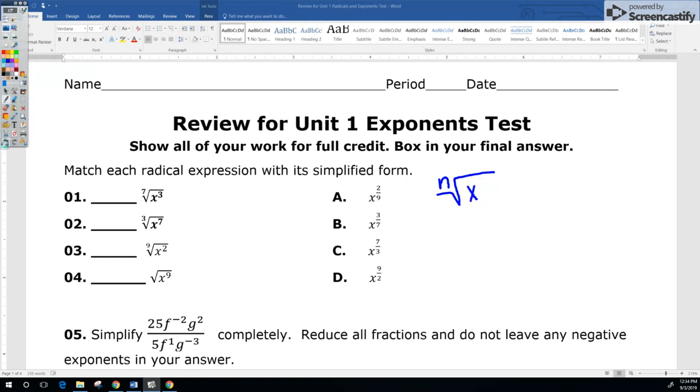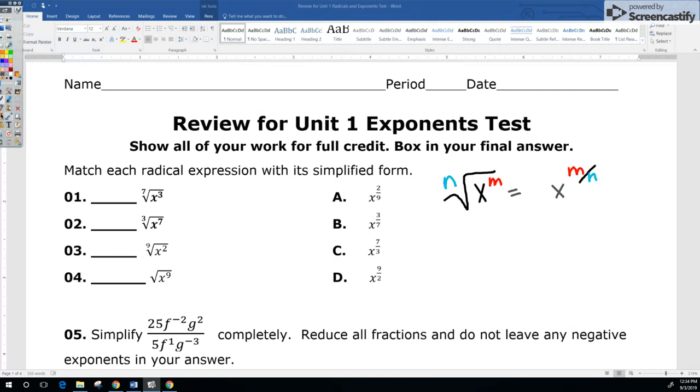Well, let me do that in color. So the nth root of x to the m power is the same thing, is equivalent to x to the m divided by n power.